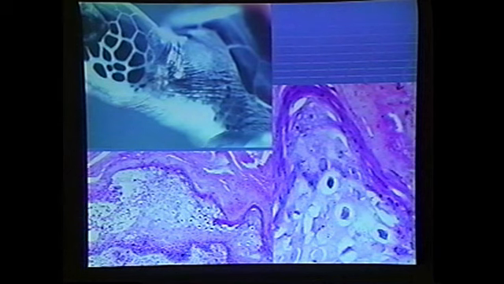This is the typical gross lesion of gray patch disease in a mariculture reared green sea turtle, and the typical histologic appearance with proliferation, balloon degeneration of the epidermis, hyperkeratosis and crusts, and a higher magnification showing the typical intranuclear eosinophilic or amphophilic inclusions in the degenerating epithelium of the epidermis.